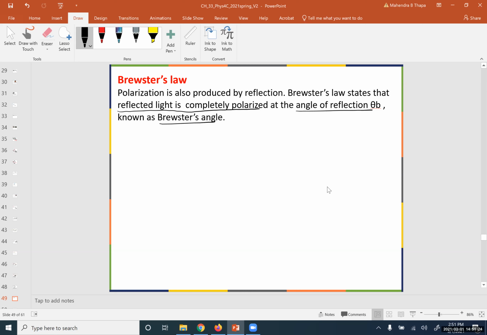So what does it mean? Let's draw the same picture here. I have the first medium, air, and the second medium, glass. I incident the light. This is the incident ray, and say this angle of incidence is theta A. Some part of the light will be reflected.